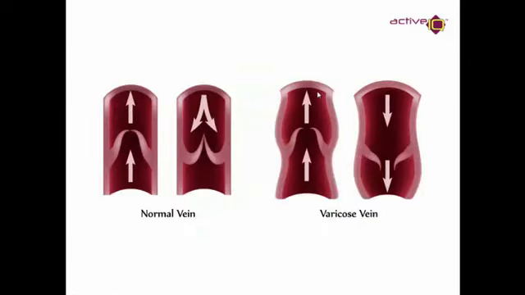And here's what we were talking about with the veins having valves, all right? On the left you can see a fully functioning valve. It opens and closes to let blood flow at the right time. And then we have a varicose vein on the right, and a varicose vein is a vein where the valve isn't working correctly. Because the valve isn't working correctly, blood pools and can't travel as effectively through the vein, and it gets stuck in there.